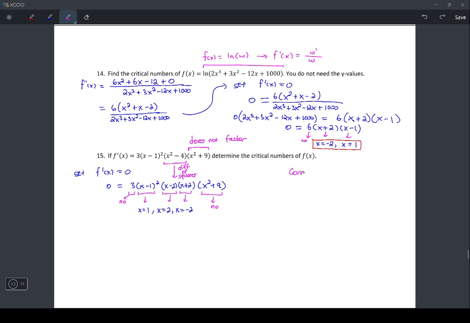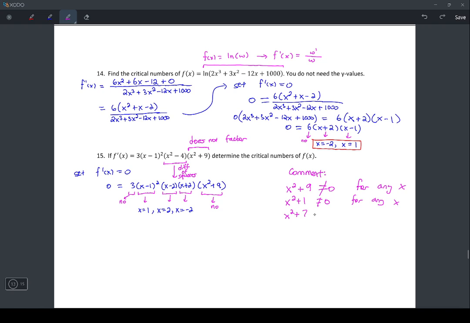So a little comment to add is that x squared plus something, x squared plus 9, is not equal to 0 for any x. X squared plus 1 is not equal to 0 for any x.